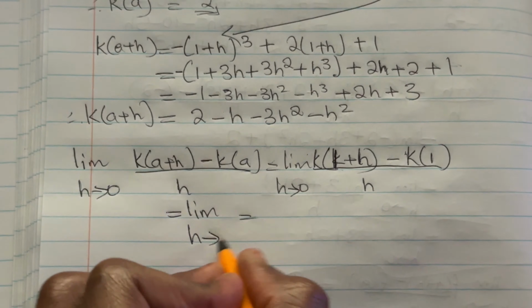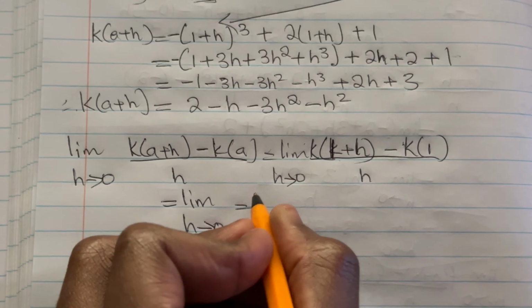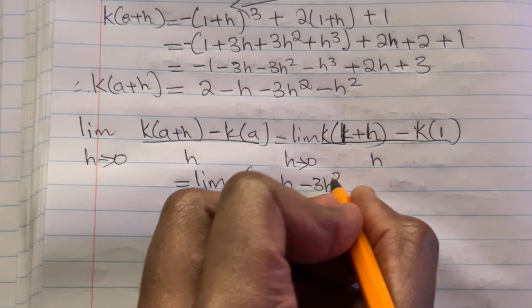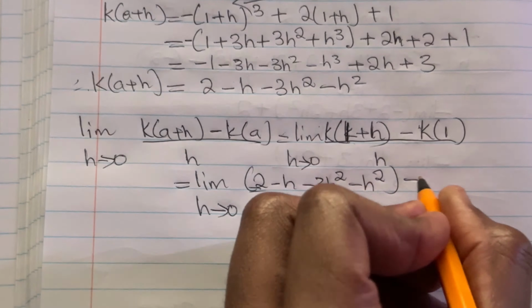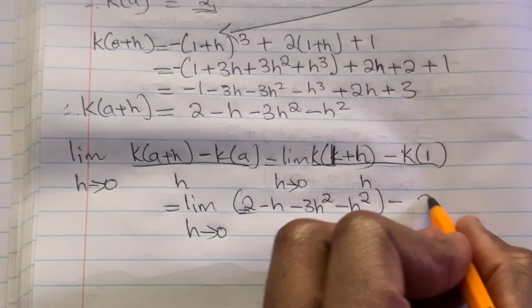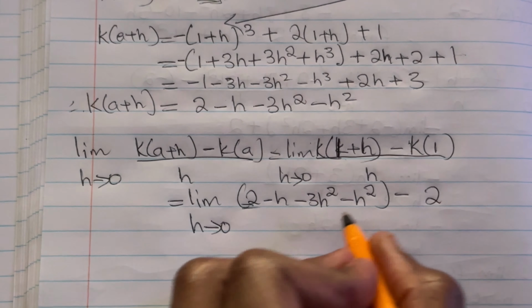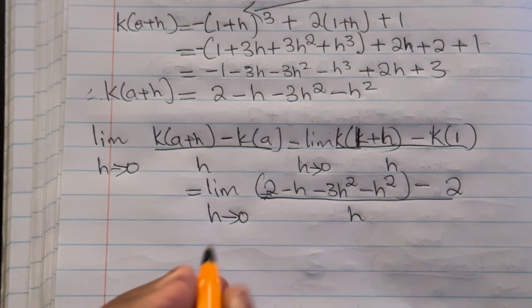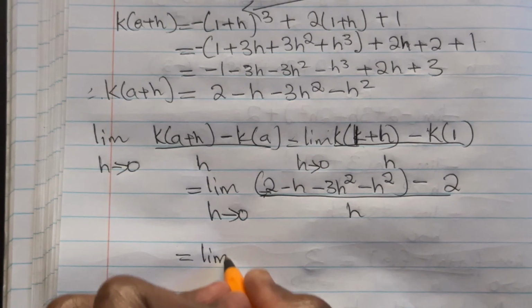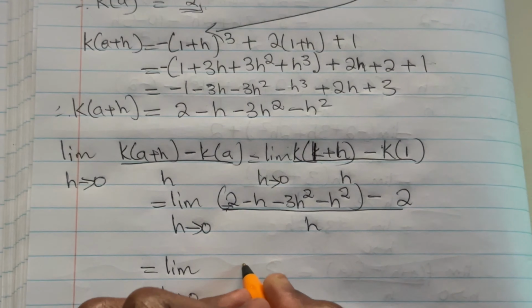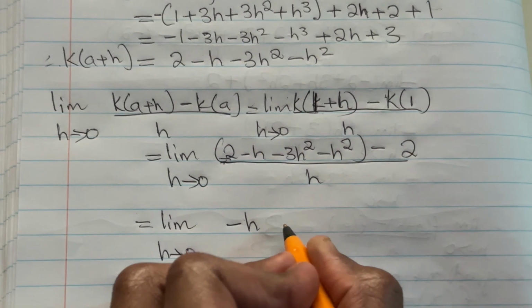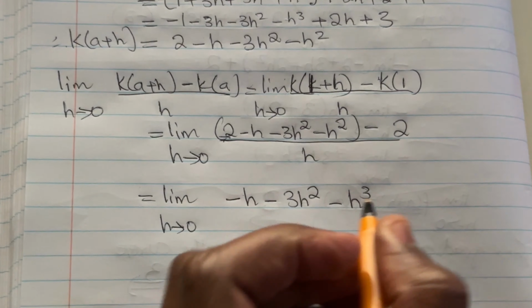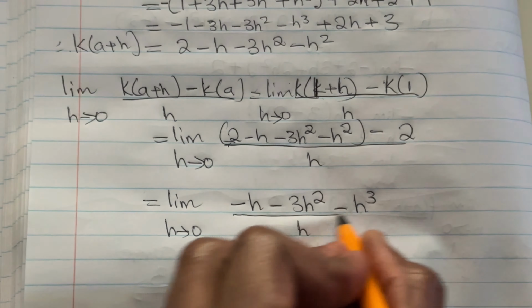Limit h approaches 0. Then we substitute this, which is going to be 2 minus h minus 3h squared minus h cubed, minus this one, we have it there, it's 2, right? Then divide by h. Already you can see these two will cancel each other. Then we're going to have the limit h approaches 0 of minus h minus 3h squared minus h cubed divided by h, right?